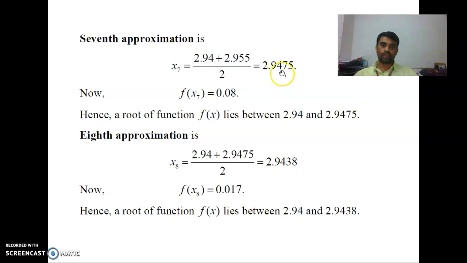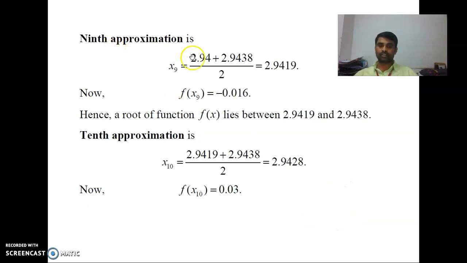It is 2.9475. Then we calculate f of x7. It is 0.08. Then the root lies between 2.94 and 2.9475. Then we calculate the eighth approximation. So 2.94 plus 2.9475 divided by 2, it is 2.9438. So we calculate the value of f of x8. It is 0.017. Then the root lies between 2.94 and 2.9438.